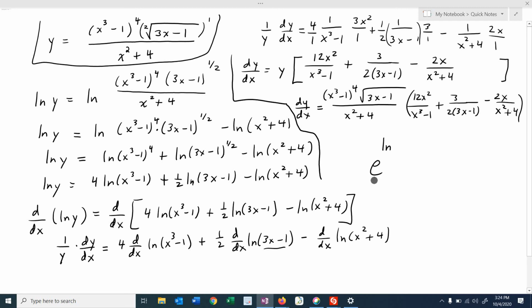You would take this and write it as e raised to the ln of this function. And then you could unravel all of this. Now that you have a logarithm in front of it, you can unravel this using all the rules that we have for logarithms and get it to be written like this.